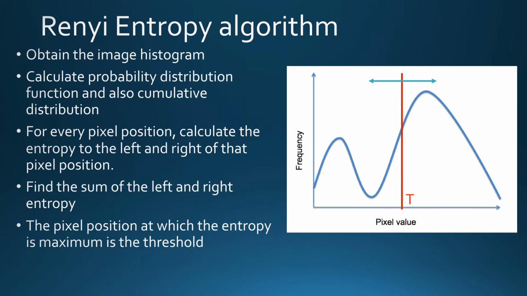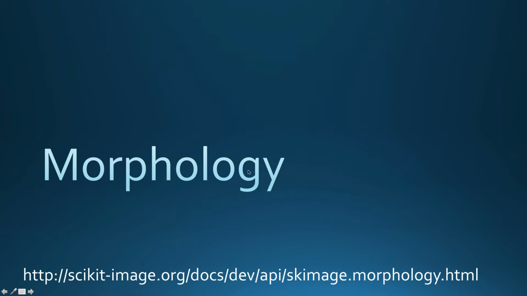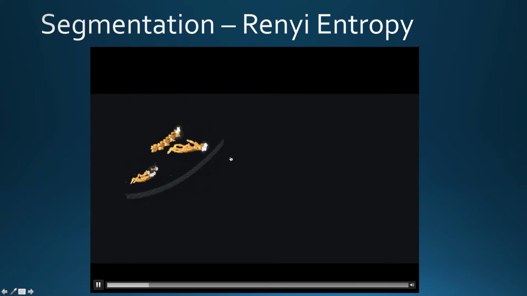So if this t is the threshold, all pixels below are considered background and all pixels above are considered foreground. In our case, everything above T was bone, and everything below T was tissue, which we didn't care about, so we forgot it.